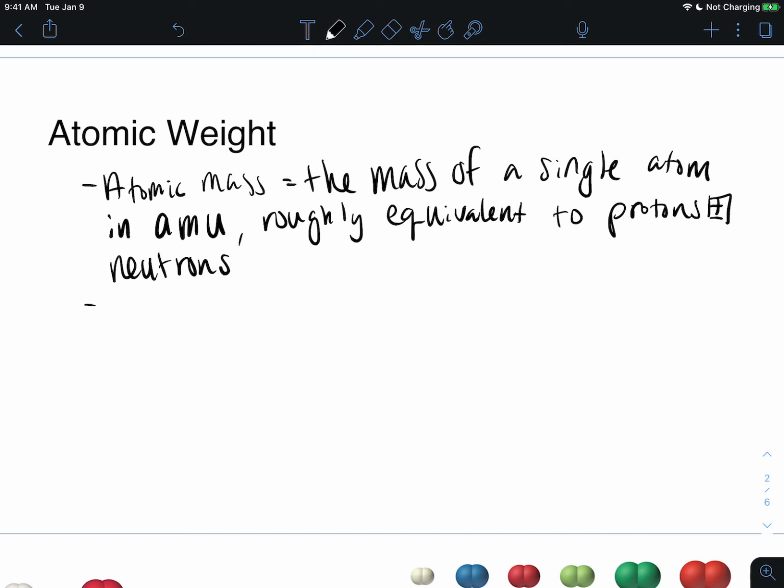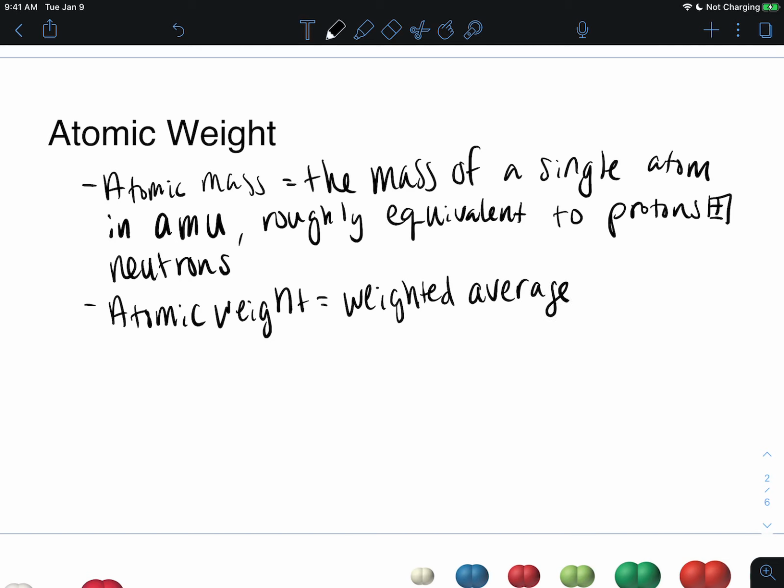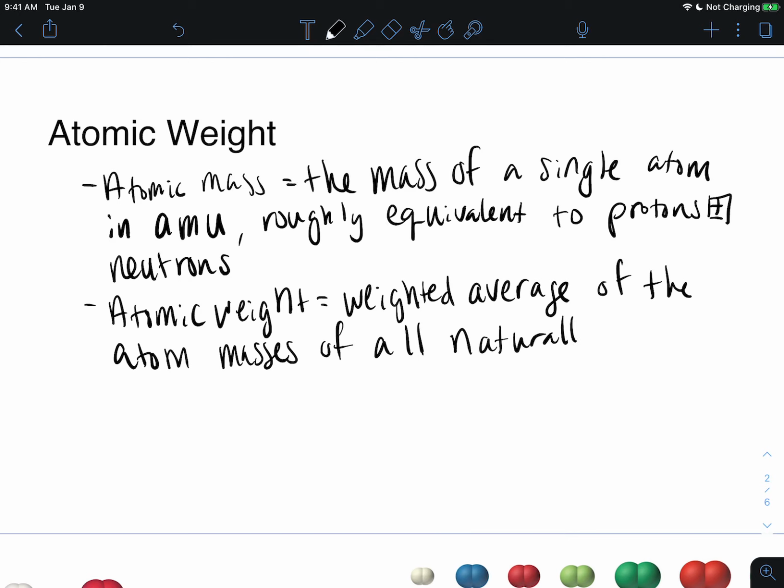Our atomic weight, in comparison, is our weighted average of our isotopes. So the weighted average of the atomic masses of all naturally occurring isotopes of a given element.